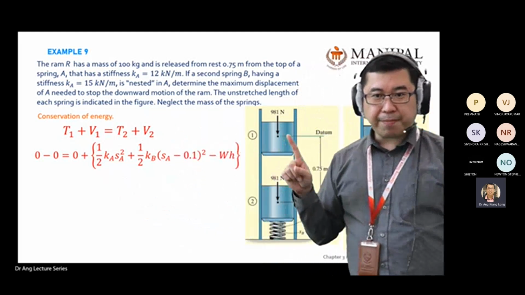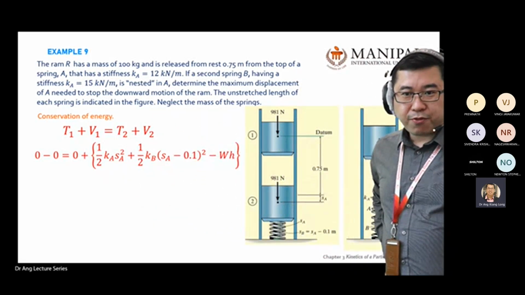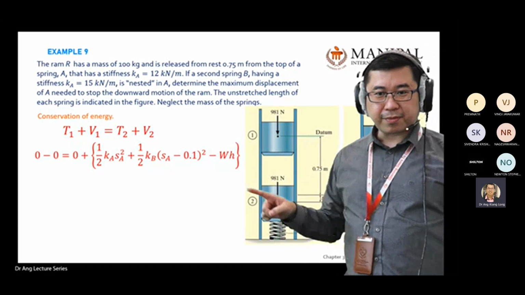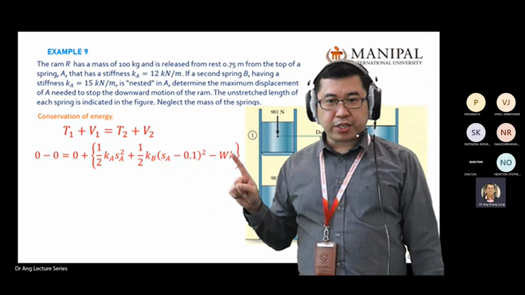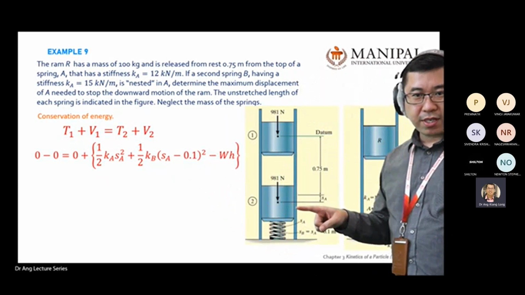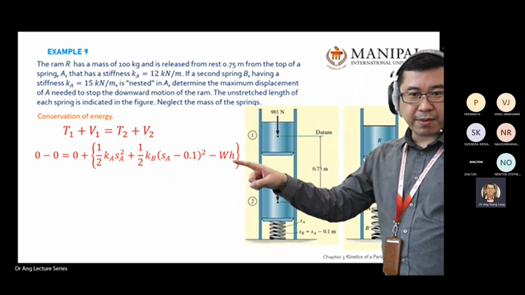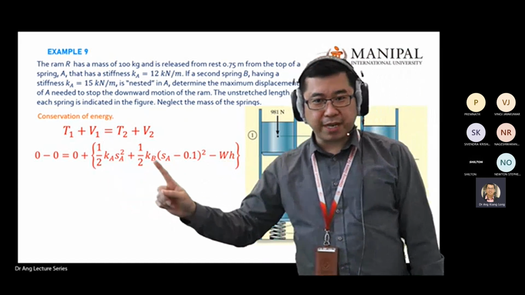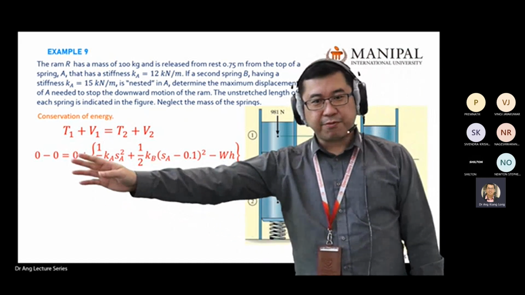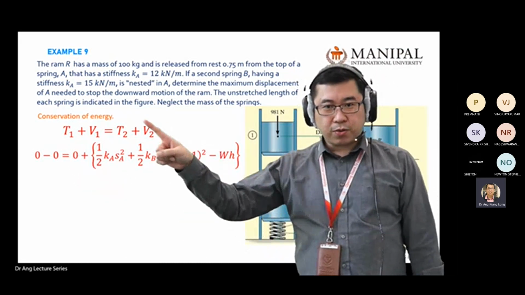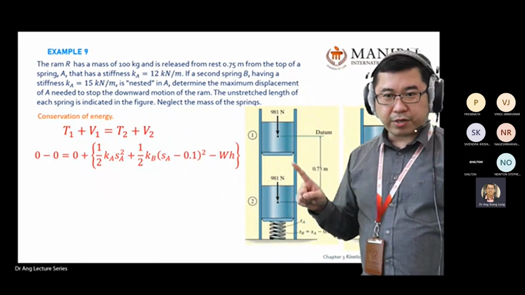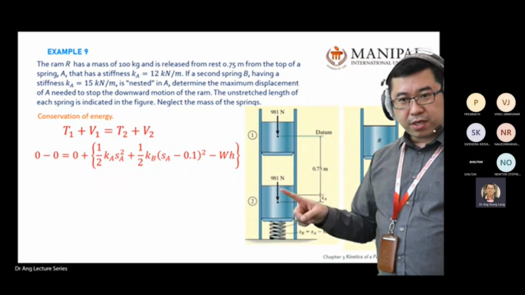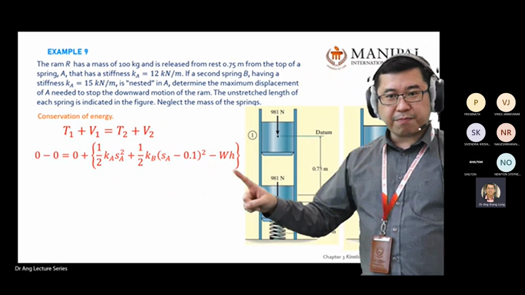So for the ram, it is your mgh at station number 2. You have minus W. Actually, this minus WH I should put in front, but I put it inside the bracket because I have 0 in front. So for the ram itself, when it reaches position 2, you actually have a negative potential.